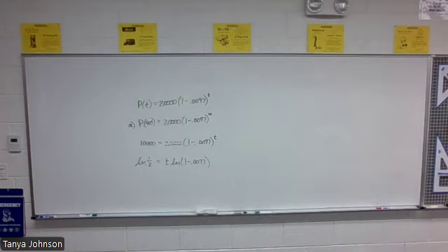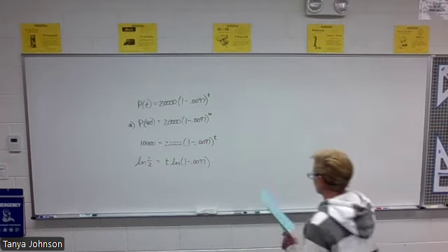Okay, that's A and B of number 3 then. Number 4 says solve by changing the equation to logarithmic form. It even reminds you how to go about solving for this.